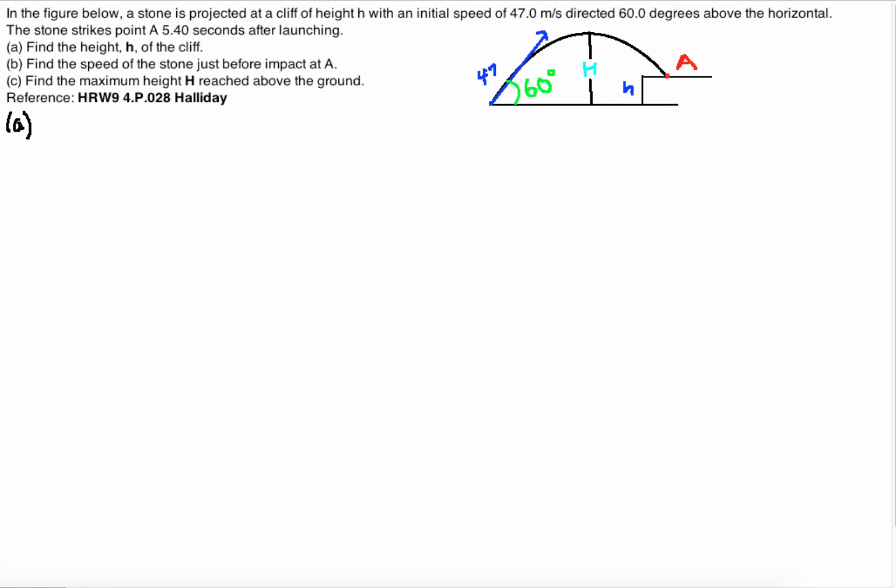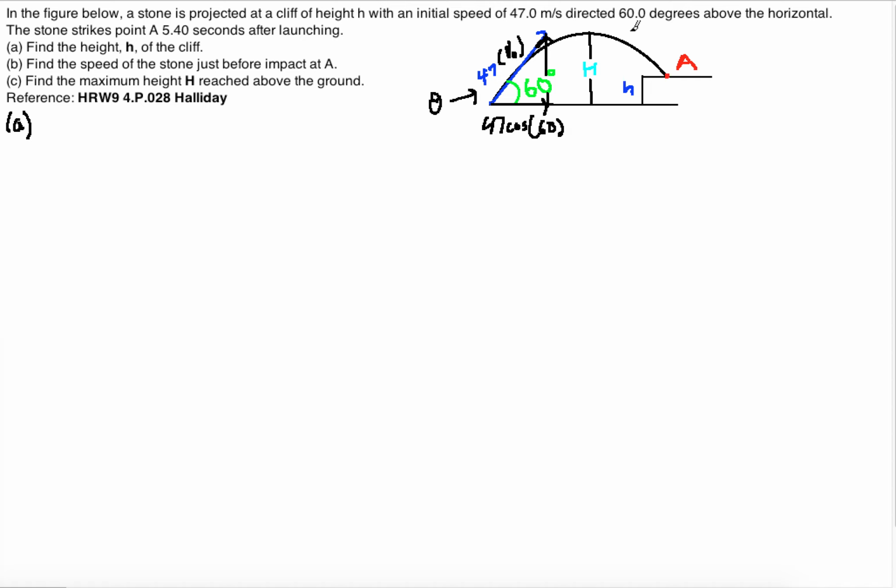But before we do that, let's split this V naught, as we'll label it, up into components. So what we get is the horizontal component, 47 cosine 60, where we label theta as 60.